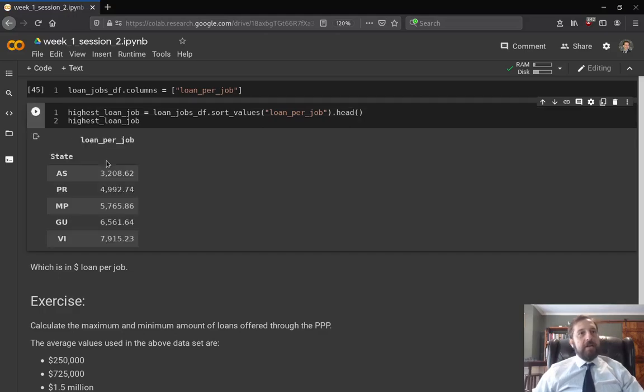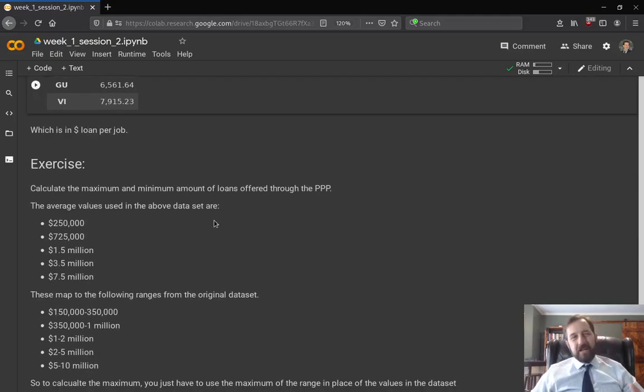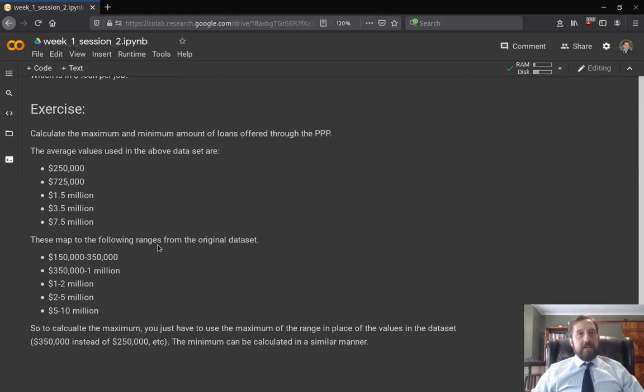So that should give you an idea of how you can start slicing, dicing, and analyzing a data set using Pandas like you would do in Excel. So for an exercise, calculate the maximum and minimum amount of loans offered through the Paycheck Protection Program. Again, reiterating, what I've done here is, when the loan amount was this, I just put it in the average, right?